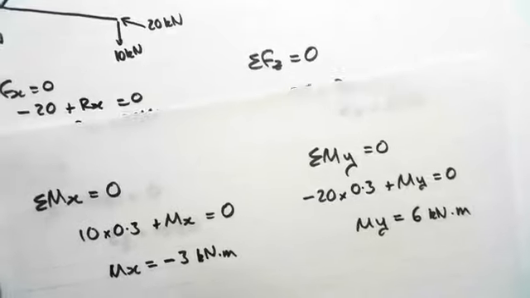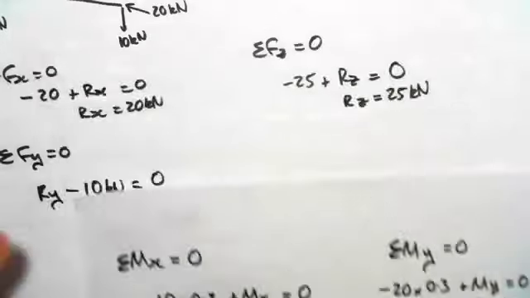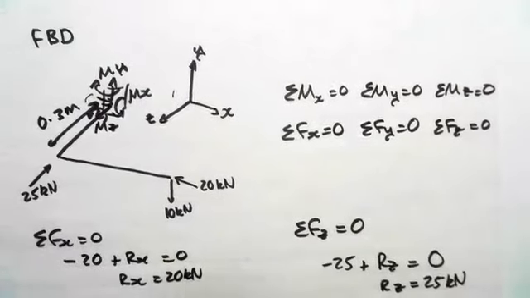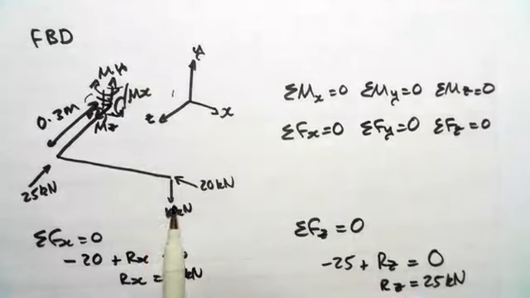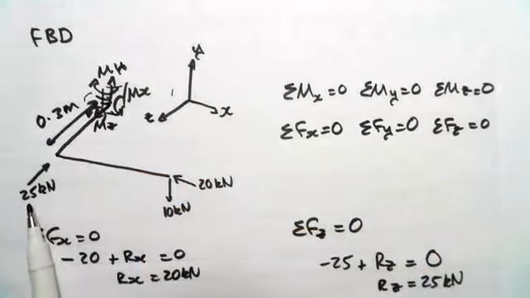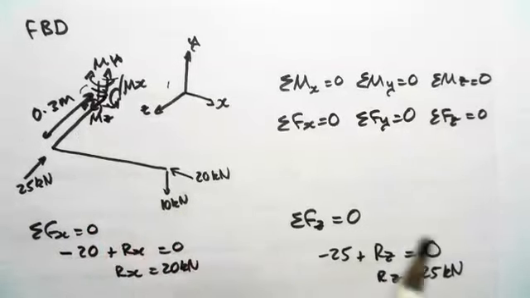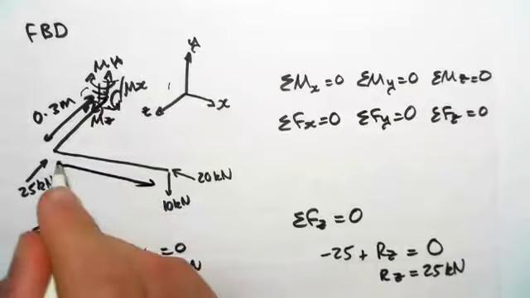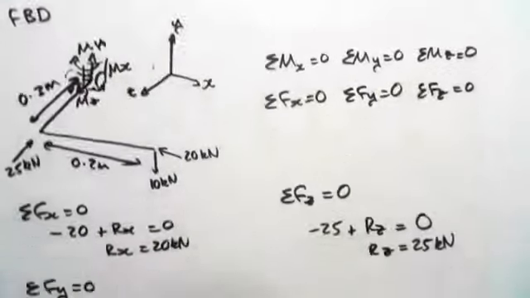Now the next one is the sum of the moments in the z direction equals 0. What is rotating about the z-axis? It's really this 10 one, since this 20 goes through it, and the other force is parallel to the z-axis. Sorry, I didn't write this distance in: this is 0.2 meters from the one above.